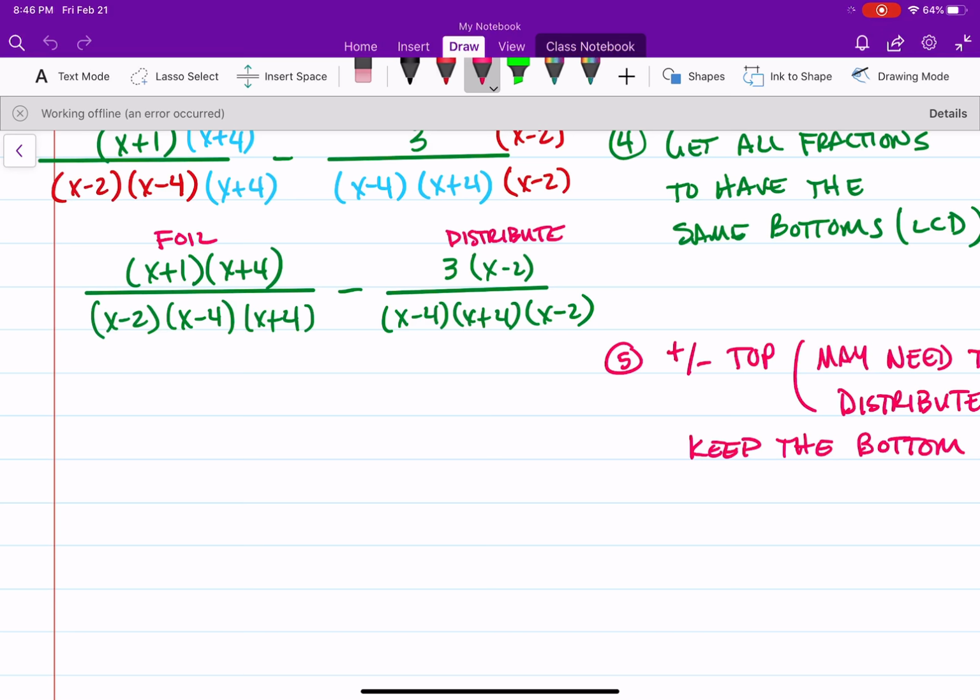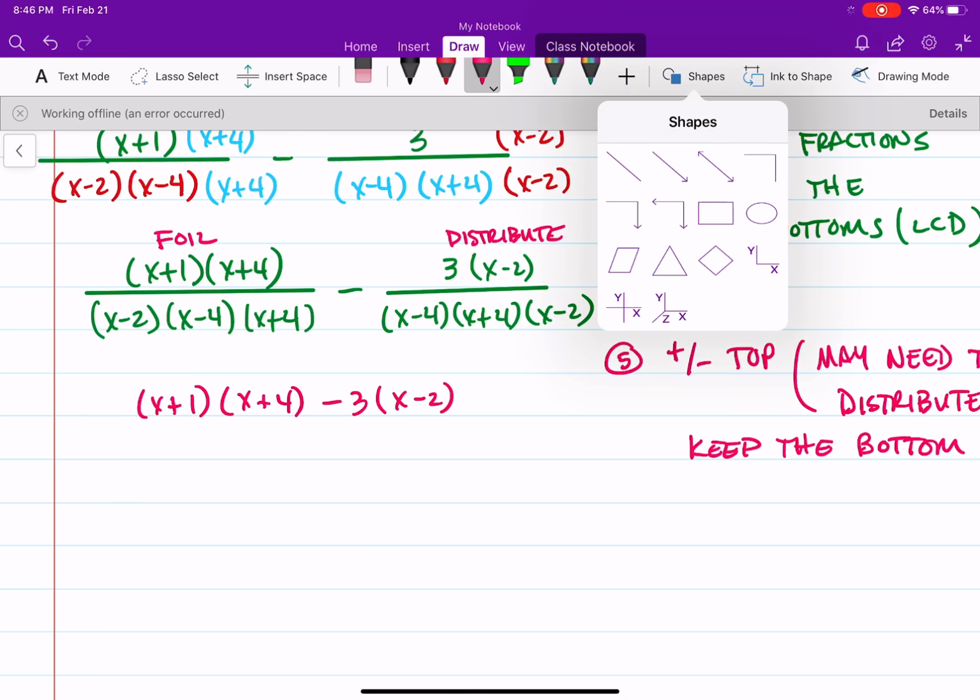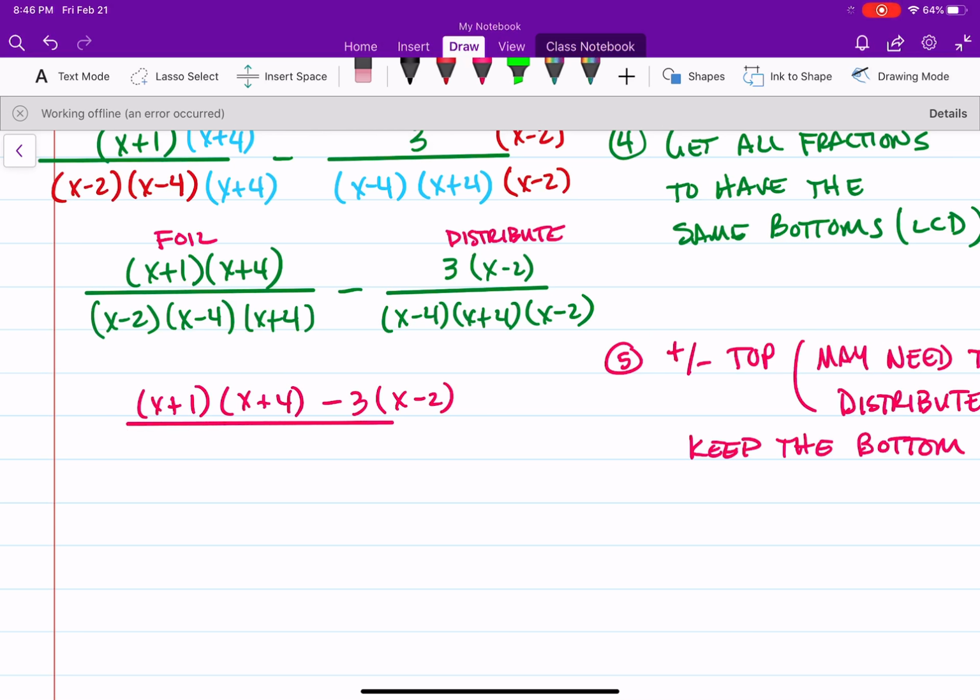And I would prefer that you do these 2 steps because then you wouldn't miss that negative 3 that I'm talking about. So we have an x plus 1, x plus 4, minus 3 times x minus 2. That's subtracting the top. And then I am going to keep the bottom. So keeping the bottom, x minus 2, x minus 4, x plus 4. Okay?